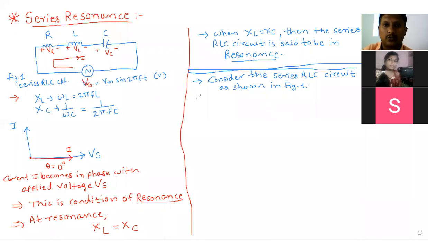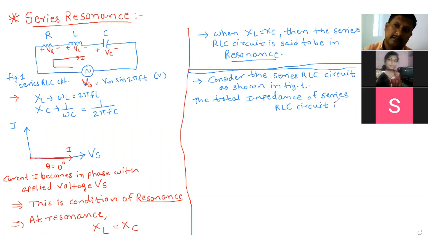So in that, what is the total impedance? Total impedance of series circuit. Impedance is denoted by Z. So Z is equal to, who will tell what is the total impedance in this circuit?